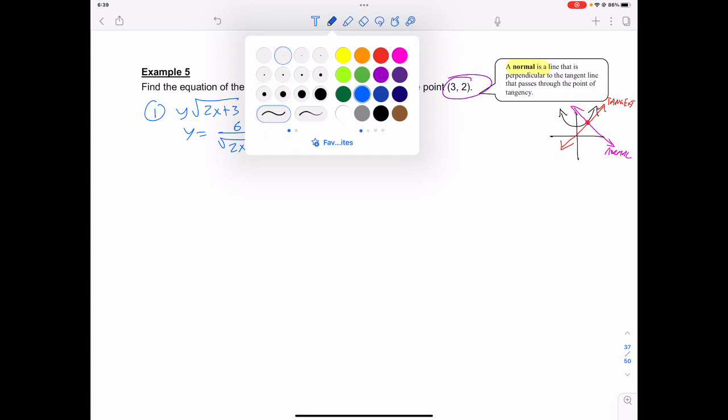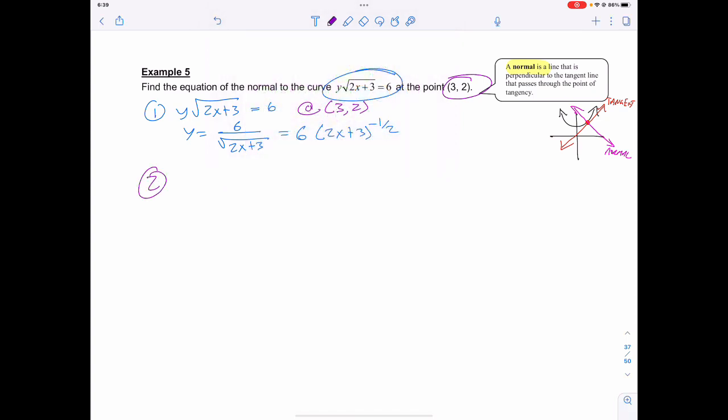The second thing is we know that the slope of the tangent is going to be y prime, which is going to be the derivative of the outer, negative 3 times 2x plus 3 to the negative 3 over 2, multiplied by the derivative of the inner, which is going to be 2.